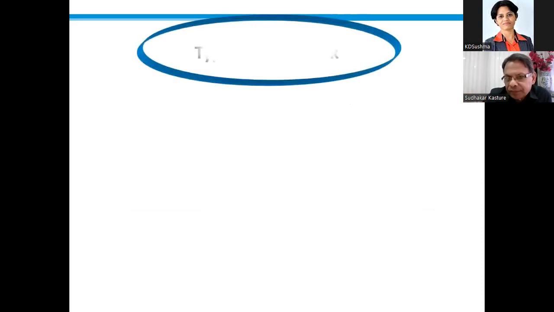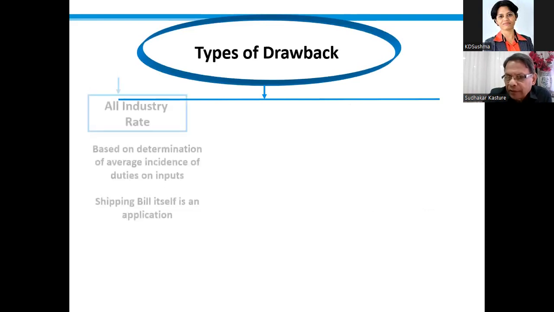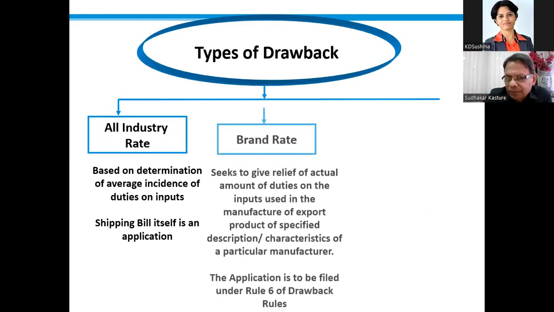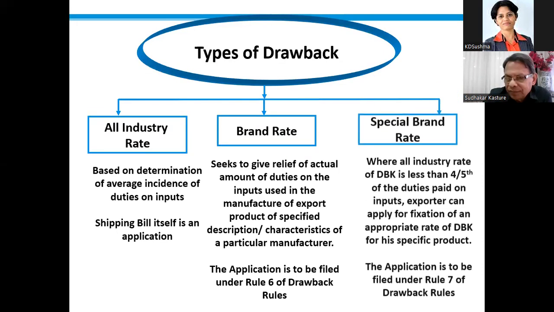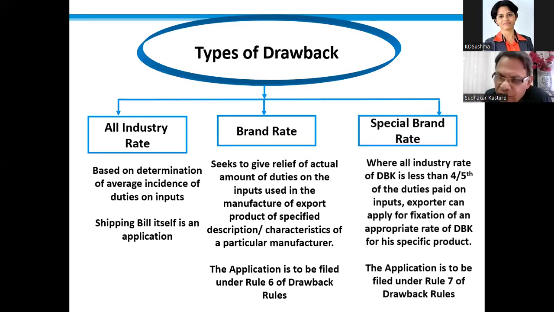What is the system of drawback? So there are three systems of drawback. The first one is known as all industry rate. All industry rate is a rate fixed by the government. You have not to prove anything.